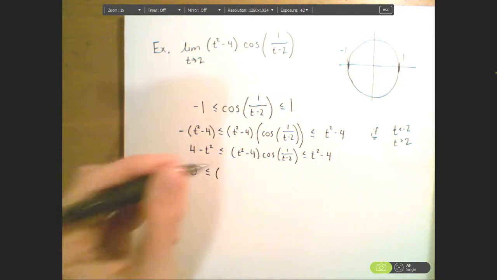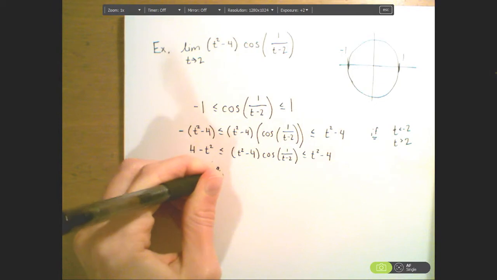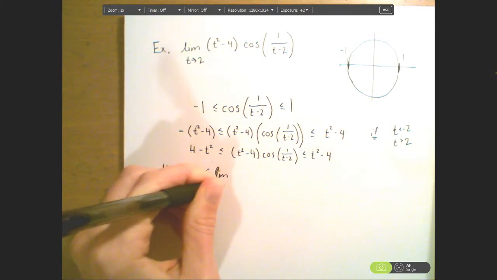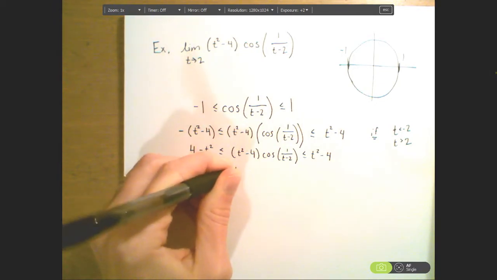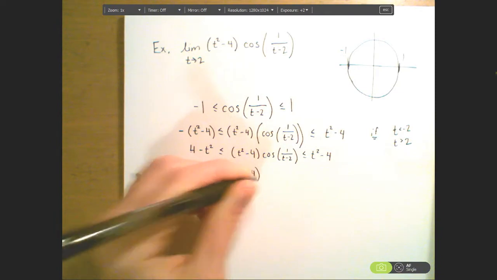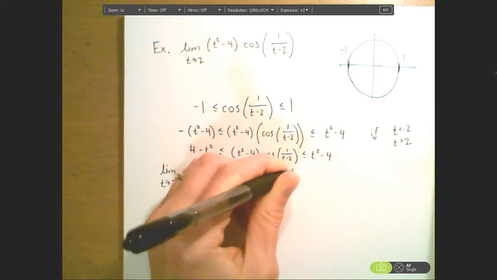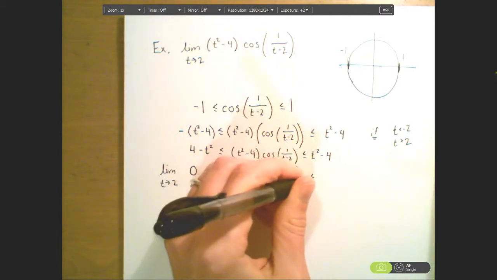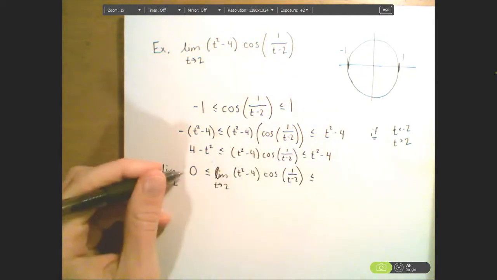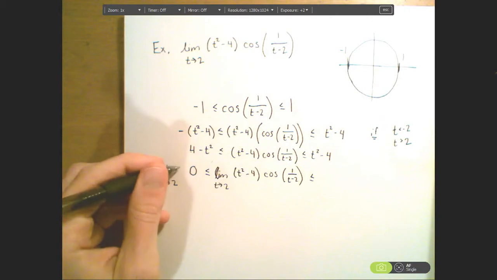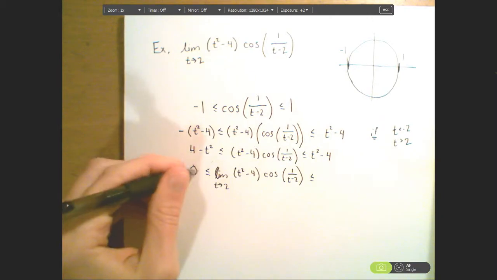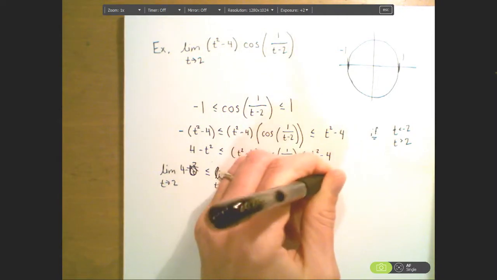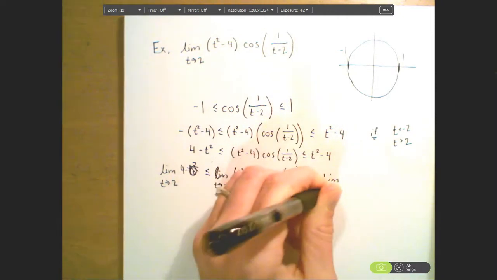Is less than or equal to the limit as t approaches 2 of what we were looking at, t squared minus 4 times cosine of 1 over t minus 2, is less than or equal to, whoops, maybe this notation is bad. I should have 4 minus t squared here, just to keep it consistent.